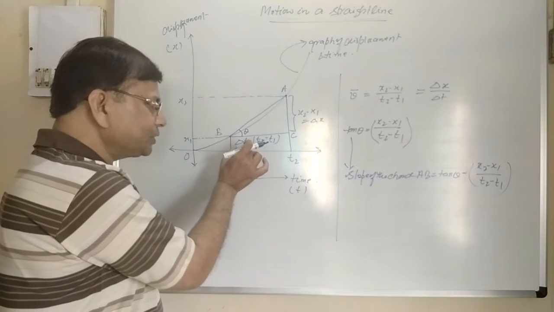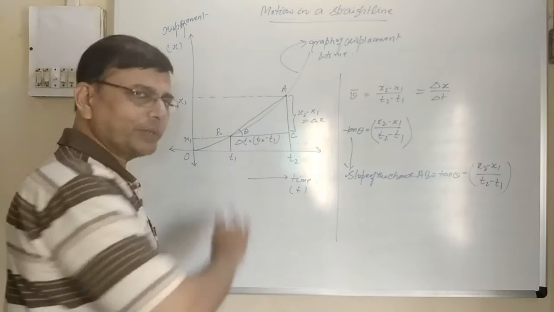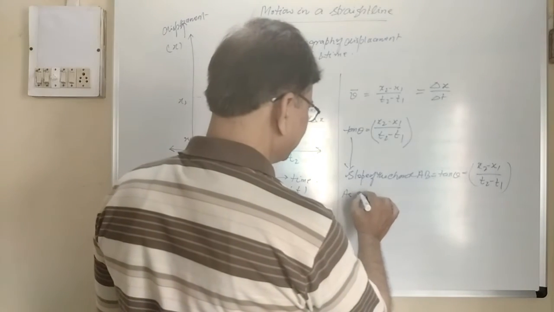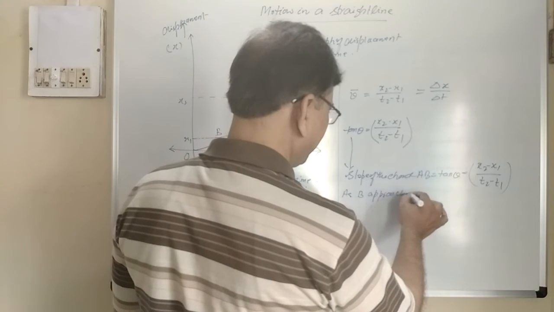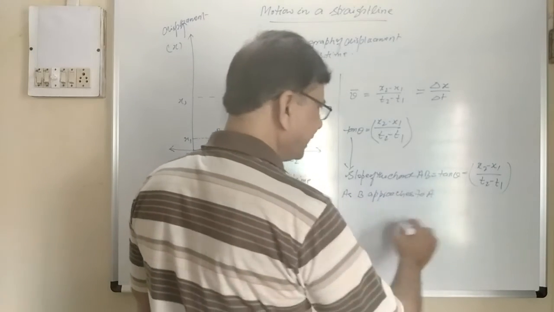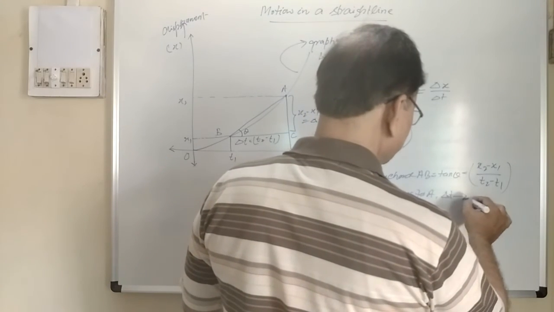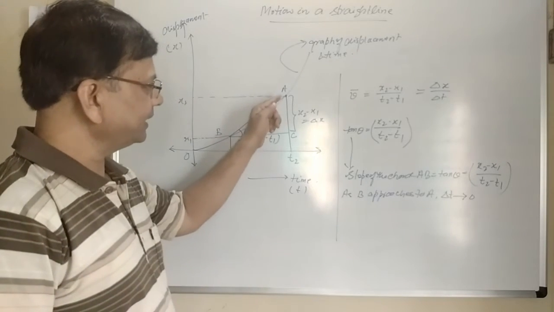So delta t should approach 0, which means B should approach A. As B approaches A, delta t approaches 0.